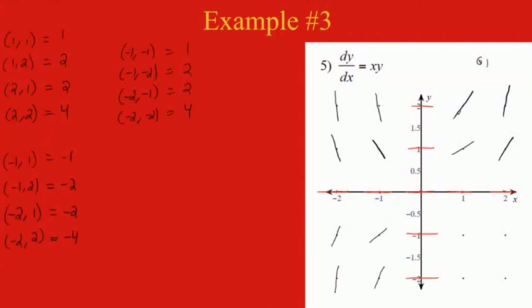And then down in quadrant 4, it'll be the same as the quadrant 2s, because now they're opposite signs again. So again, we have our negative 1, our negative 2s, and then our negative 4.